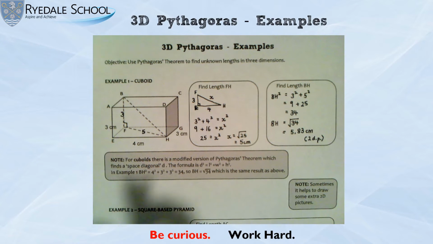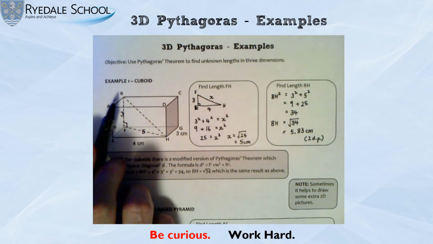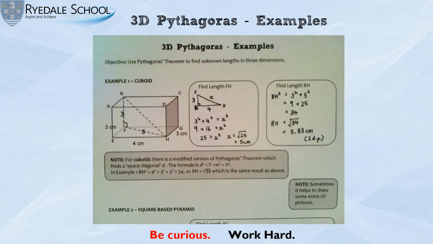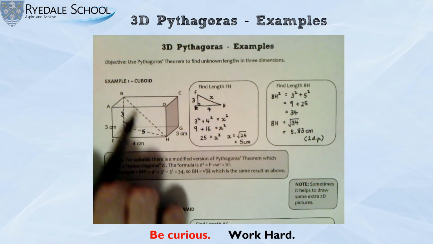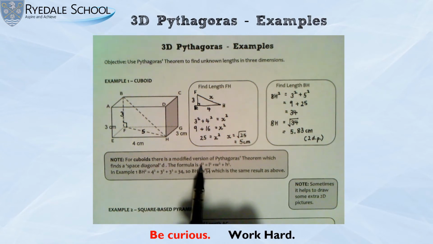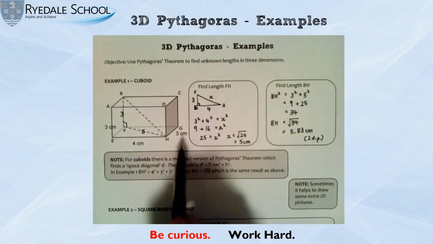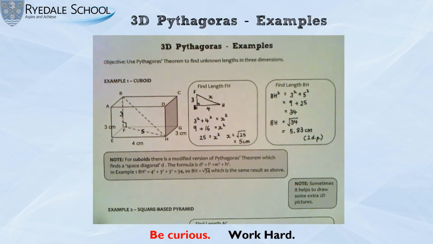Now, in this box here, I have talked about a little shortcut for how to find the length of an opposite diagonal in a cuboid. It's basically an extension of Pythagoras' theorem, and this diagonal can sometimes be referred to as a space diagonal. The formula is that if you want to find the length of this diagonal squared, you square and add together all of the lengths of the 3 sides of the cuboid.